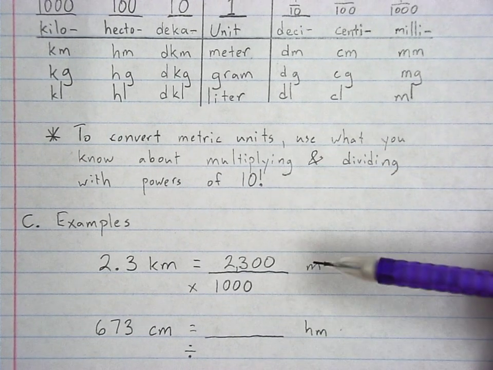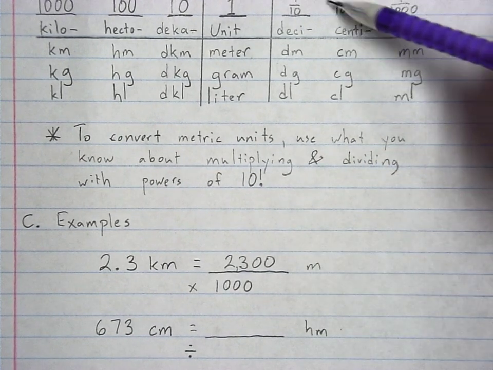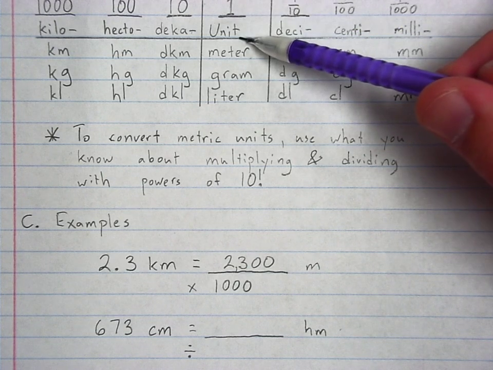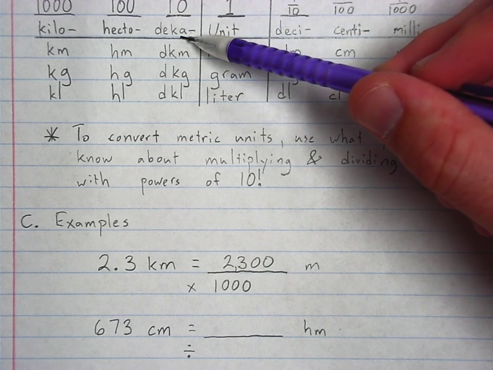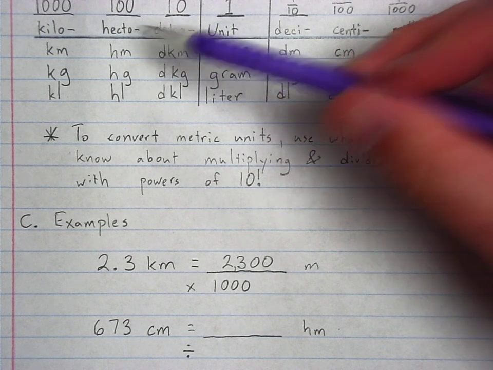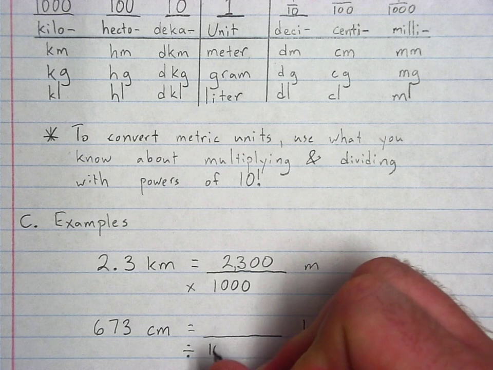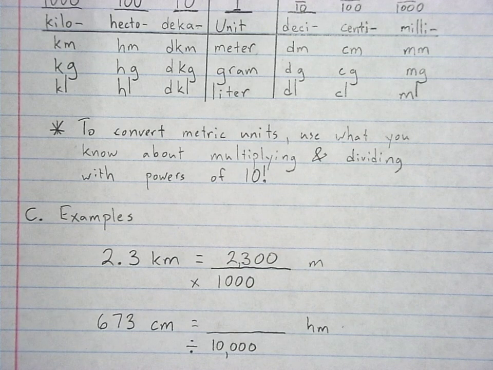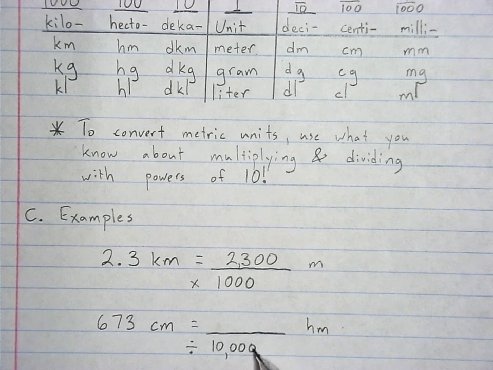And I will just count how many spots over I go. Divide by 10. Divide by 100. Divide by 1,000. Divide by 10,000. Oh boy. That's a little bigger than what we've done so far, but it's really not a problem. We're just going to move things over 1, 2, 3, 4 spots.